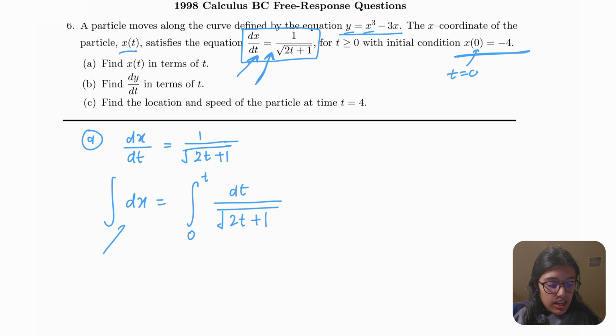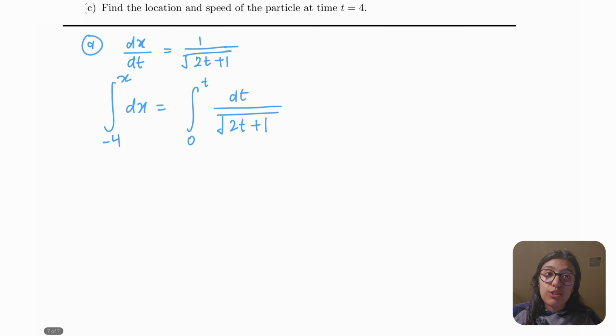And for the left side, we need to know what our lower and upper bounds in terms of x are. That is where this initial condition comes in. We see that when t is equal to 0, the initial x value is -4. So I'm going to write -4 here. And the final x value is just going to be an x value. We don't know that x value, so I'm just going to write that as x. And now we have our integral set up.